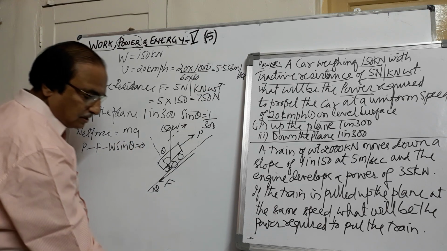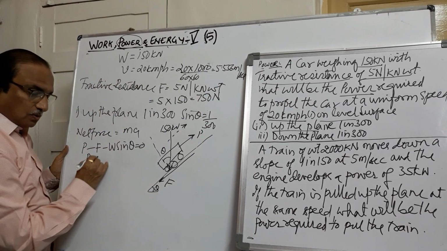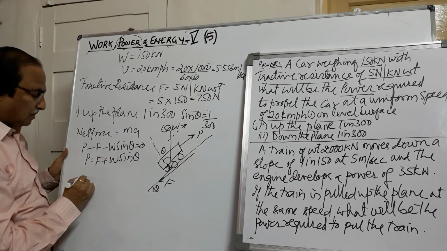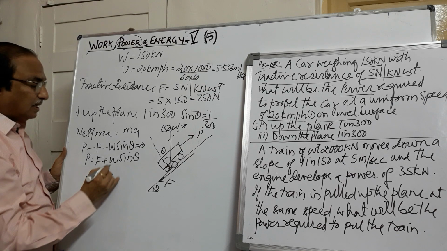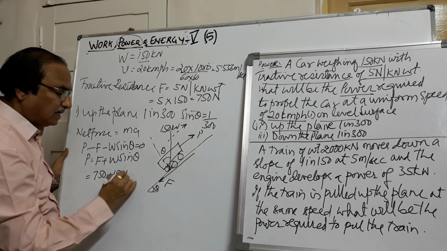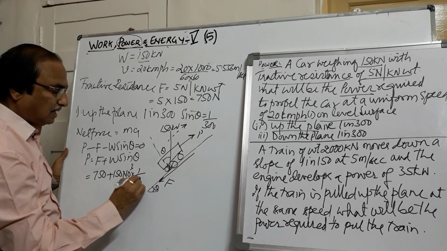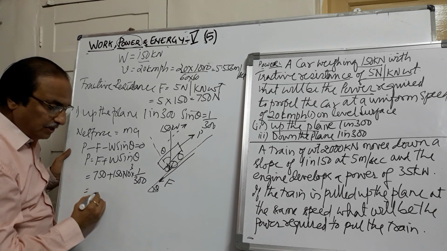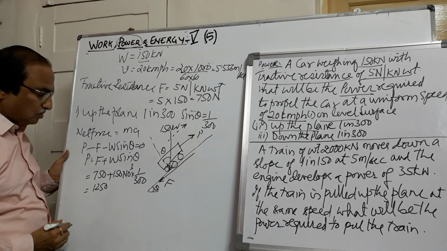Now with this, P will be equal to F plus W sin theta. So this will be equal to F is 750 plus W is 150 kilonewton, converted to Newton, into sin theta is 1 by 300. If you simplify this, you get the value of P is equal to 1250 Newton.